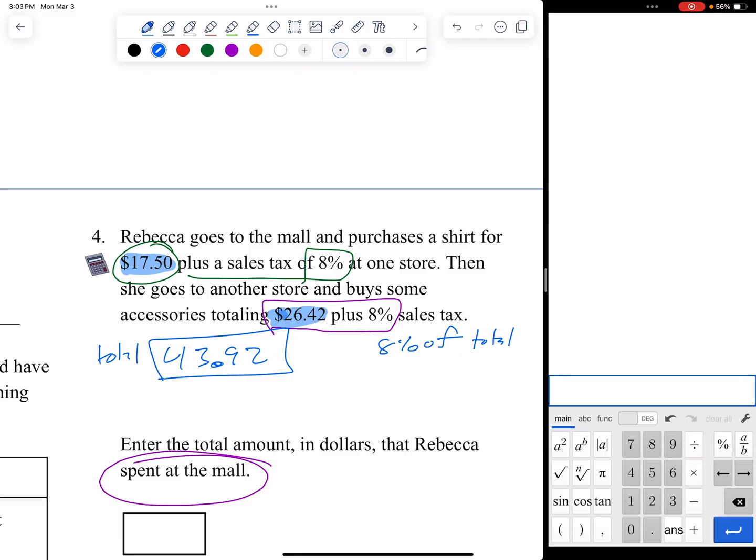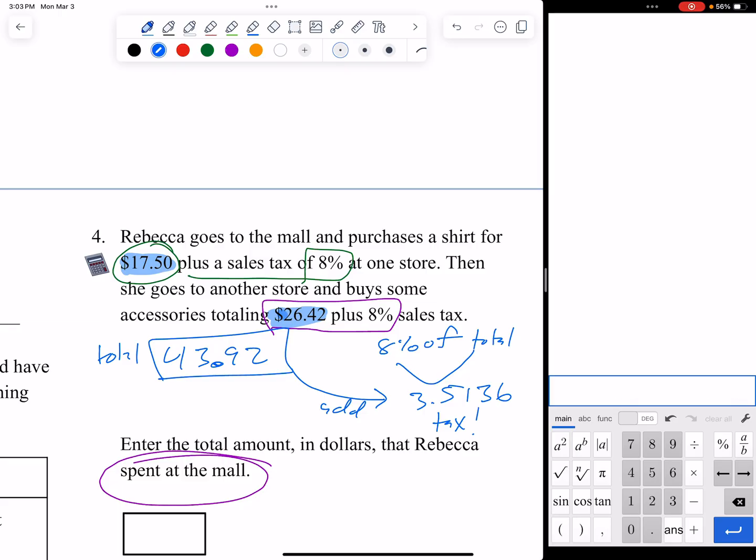So now I can say 8% of 43.92 is going to give me 3.5136. So if this is going to be my tax, I have to take my total and then add the tax to it.